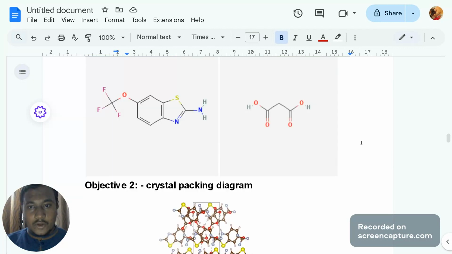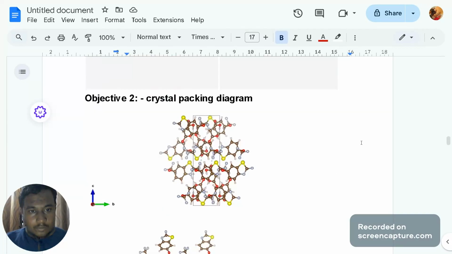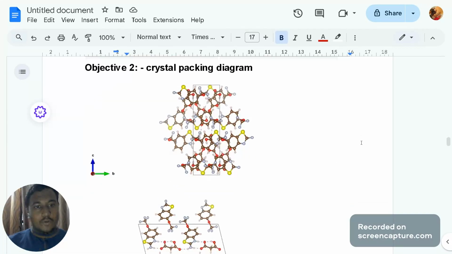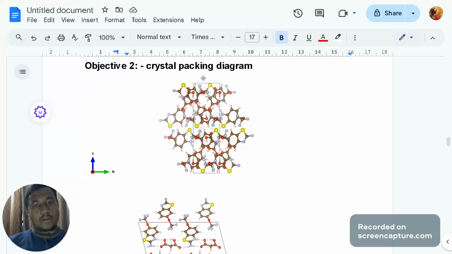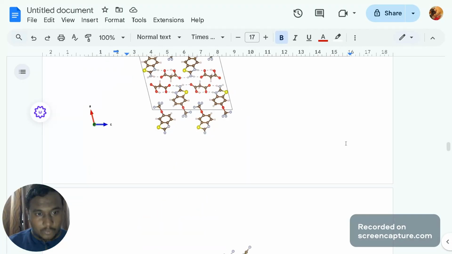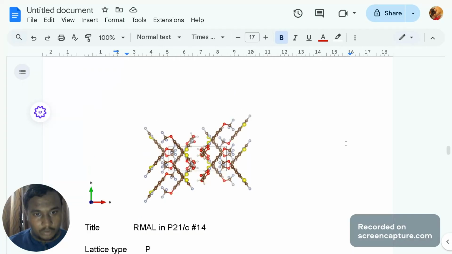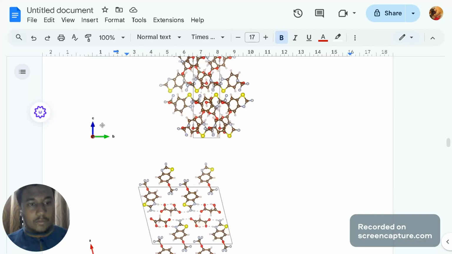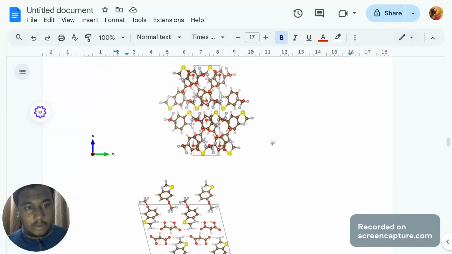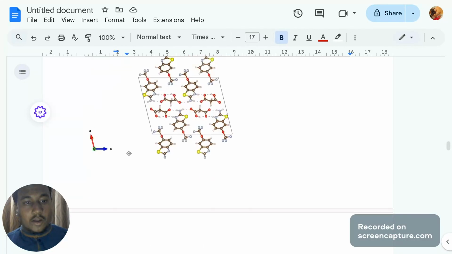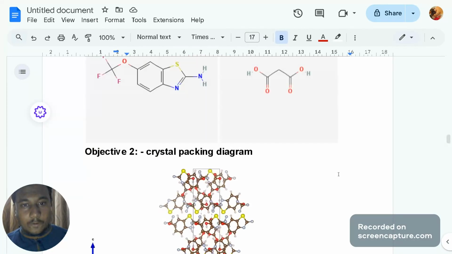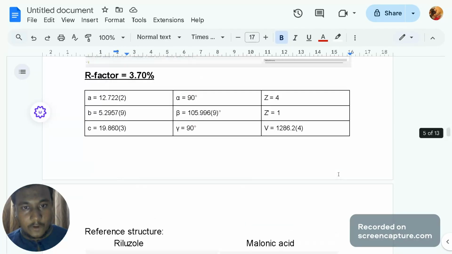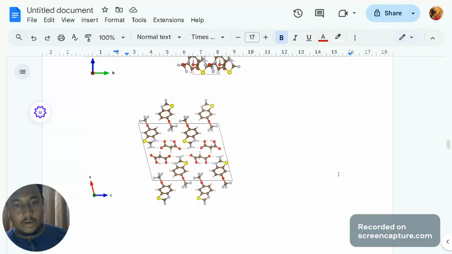For objective 2 of data 2, the crystal packing diagram, the same three different views are shown. This is b and c perpendicular and in the plane of the screen, and here it makes an angle beta of 105.996.